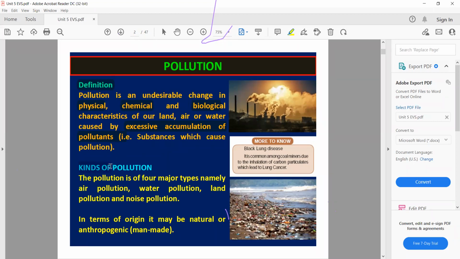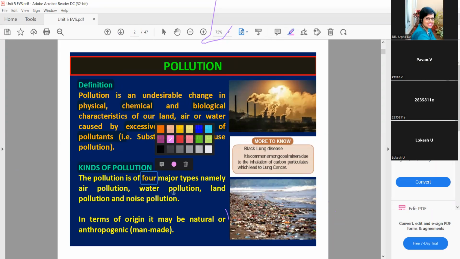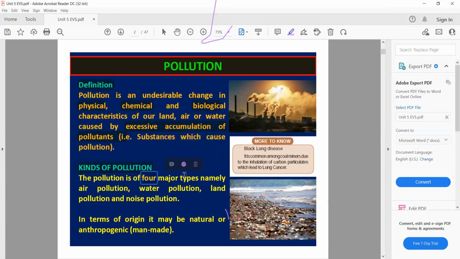Next, we come to kinds of pollution. What are the various kinds of pollution? The pollution is of 4 major types. Let me take a different color. What are they? Air pollution, water pollution, land pollution, and noise pollution.